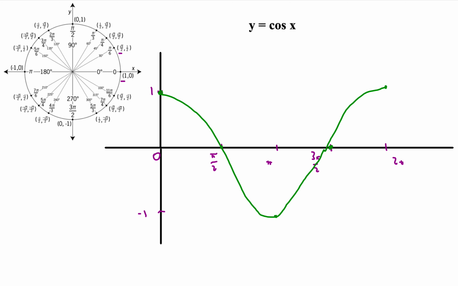Now, a couple of key features here. This thing is symmetric, right? Because this keeps repeating, so this goes on and on this way, as well as this way. So in positive and negative, just think positive and negative rotations, okay? So these values here are separated by a certain amount.